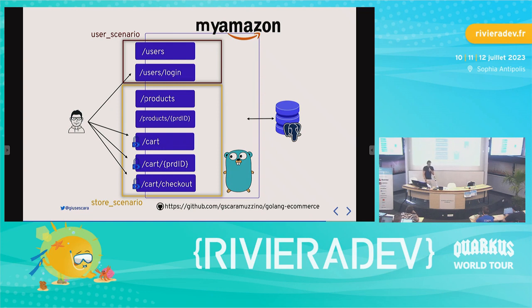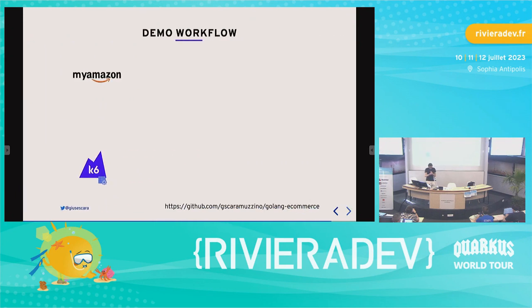With k6, we also have the possibility to define groups. In this case, I define three different groups, which is simple to understand: the product, the cart, and the checkout group. Now, what is the workflow of this demo? I have k6, and we will do a load test on my, I call it, Amazon application.